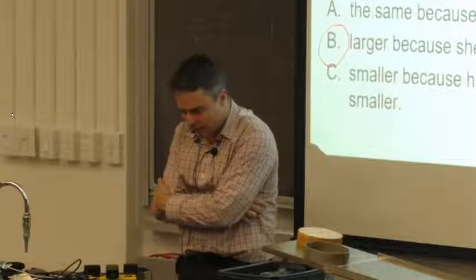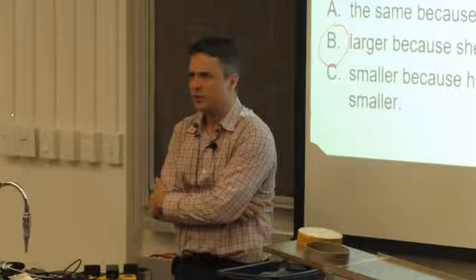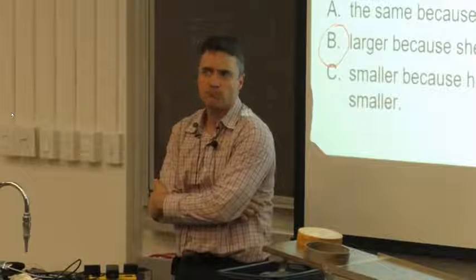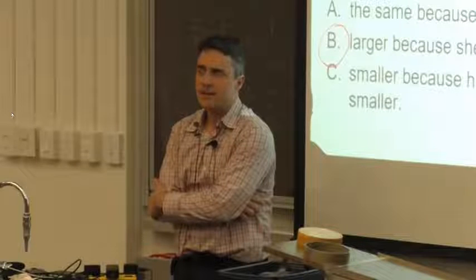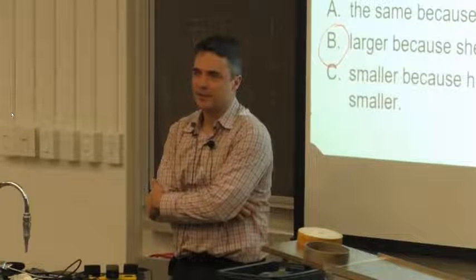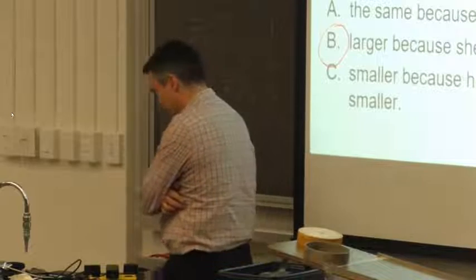It's not external work. She's doing work on herself. It's one of the amazing things about physics. With no net external force, you can still do work on yourself. How do you guys feel about that? Okay? It's a tricky one.